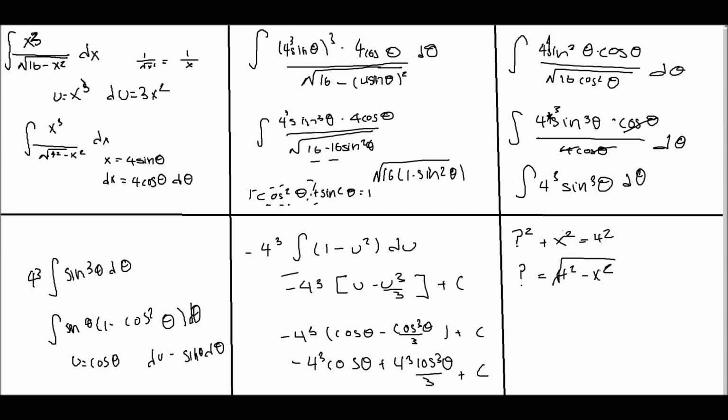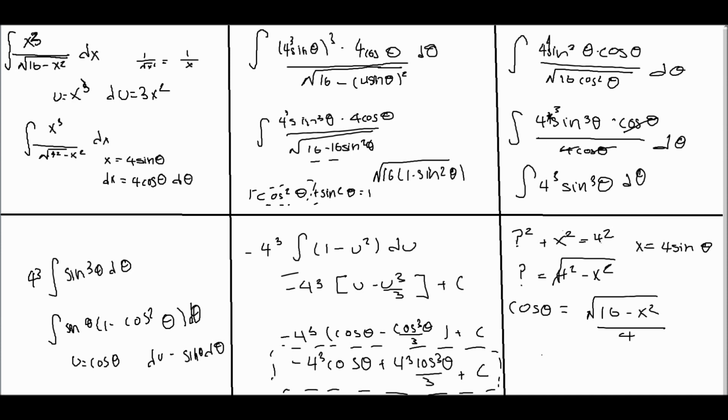And we know before x is equal to 4 sine theta because that was our original substitution, which means that question mark, or our value cosine theta, is going to equal the square root of 16 minus x squared over 4. And now we can plug this back into our original equation here, which is the integral we solved for, to get our x's back.